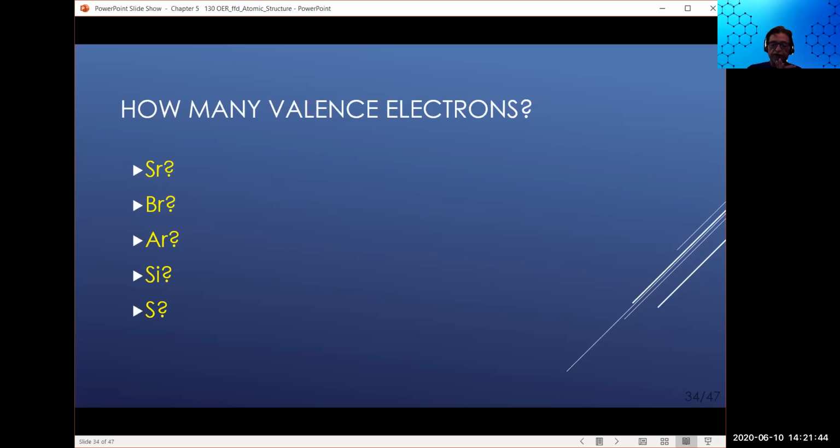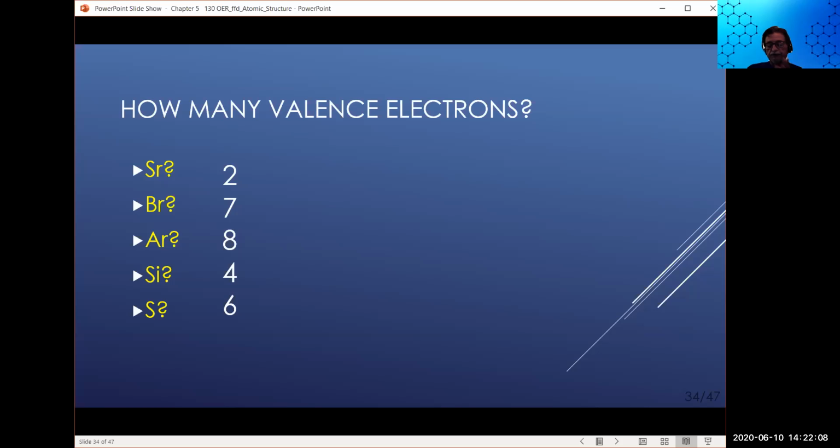The question here is how many valence electrons strontium has? Well, we have to find it. After we find it, we determine what group it's in, and we'll find that strontium has 2 valence electrons. It's in group 2A. Bromine, like chlorine, is in group 7, so it has 7 electrons.